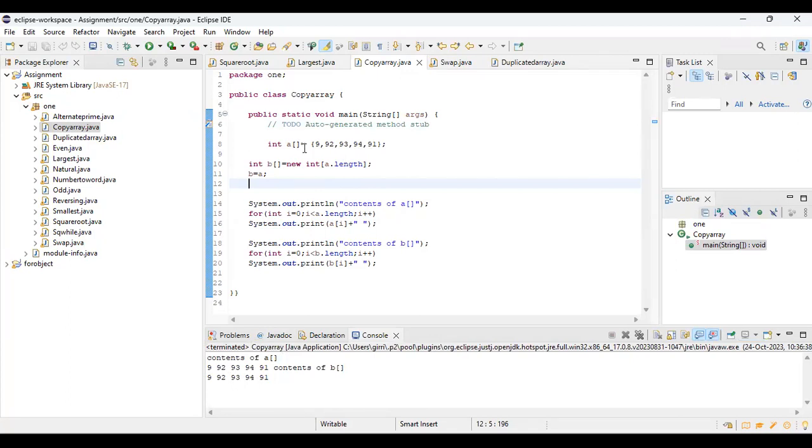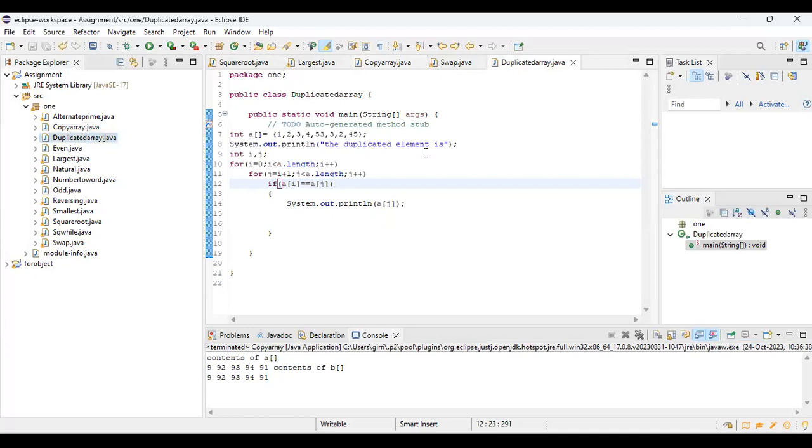So this is copying the array of elements from one variable to another variable. And to find the duplicates of the arrays, I'm initiating an array with some of the numbers duplicated inside it. And when I'm going to compare it repeatedly, I have to find the repeated value which is present in the array. So I'm initiating two variables as i and j, and I'm making it compare whether they are equal or not.